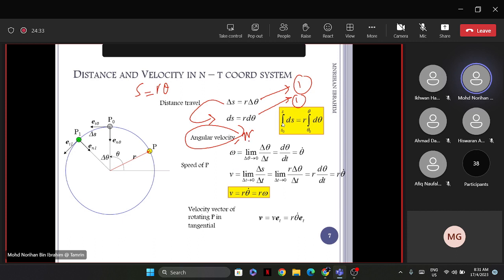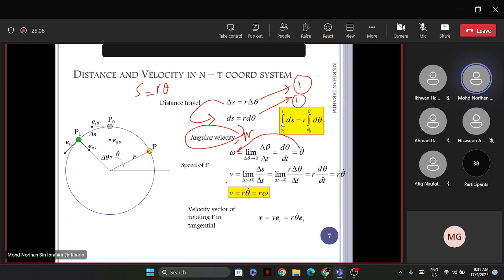It's the change of particle displacement, which moves according to the circular path of motion, over an interval of time delta t. Delta theta over delta t can be written as d theta over dt. So d theta over dt is equal to theta dot, which is the same as omega.